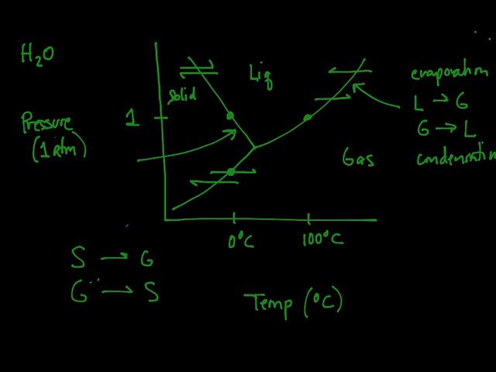So let's take this point on this graph right here, for example. Water will be going through sublimation and deposition at 0 degrees at a very reduced pressure, obviously very much less than 1 atmosphere. At this point, you have an equilibrium between solid and gas state.